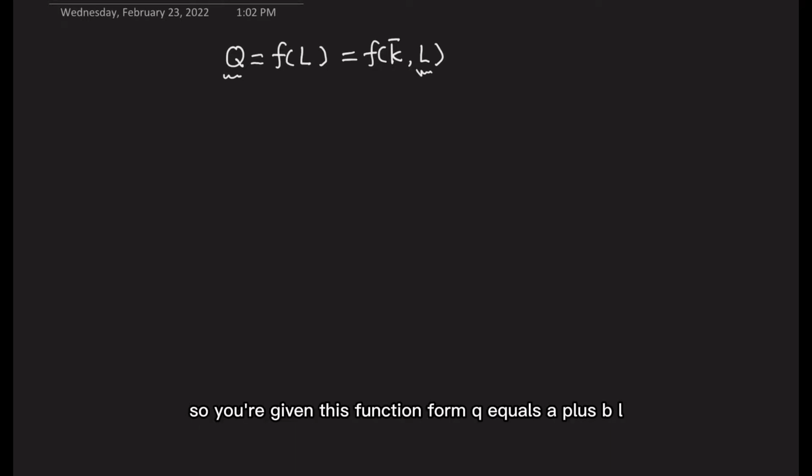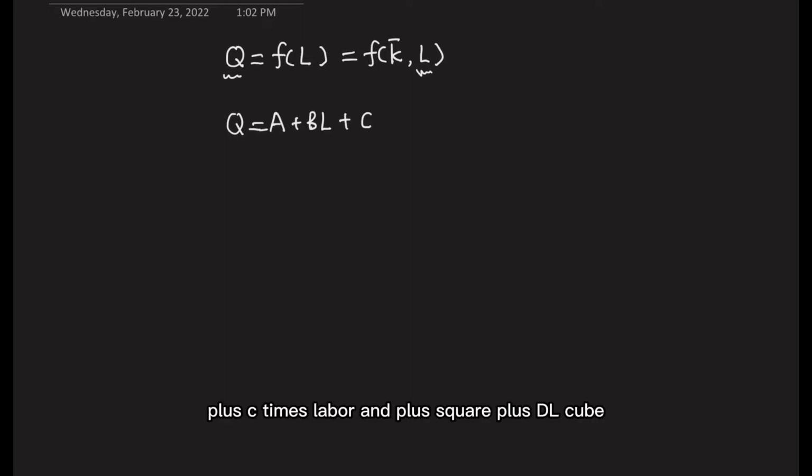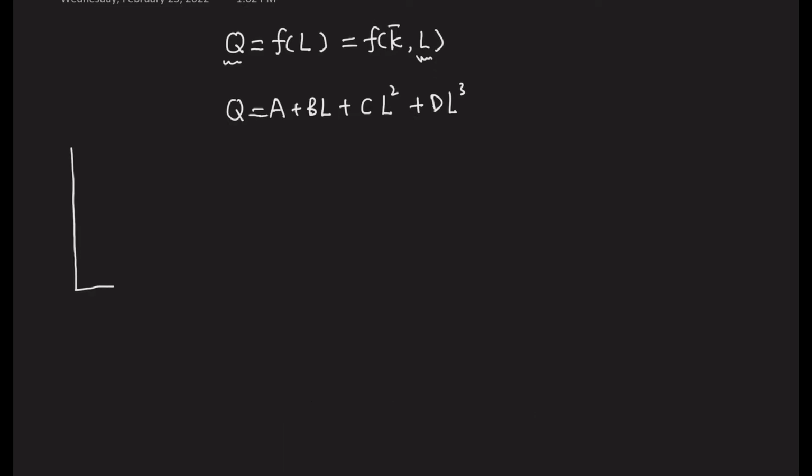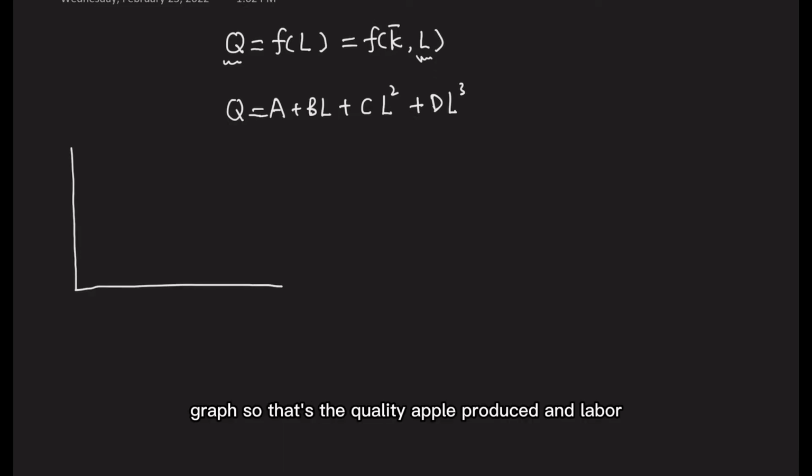So you're given this functional form: Q equals A plus B L plus C times labor input squared plus D L cube. And now you're also given this graph, with quantity, output produced, and labor. So the graphical display looks like this.